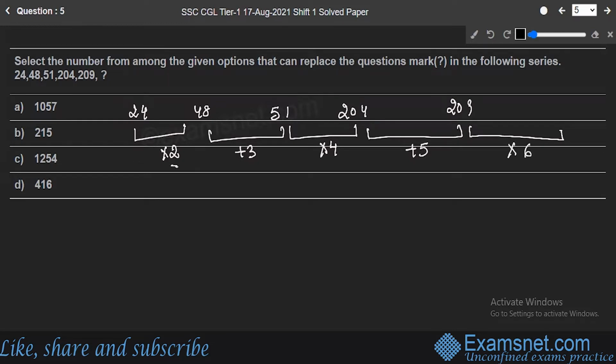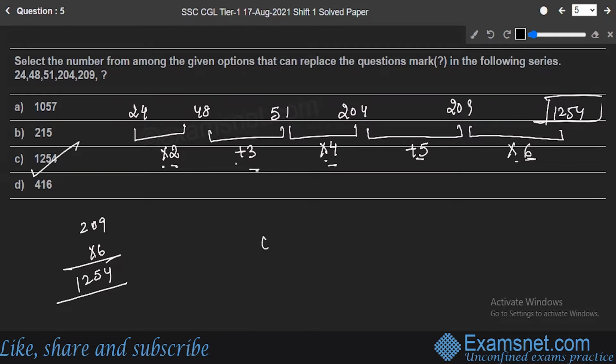See the pattern: 2, 3, 4, 5, 6. Multiply, plus, multiply, plus, multiply. So if I multiply 209 by 6, you get 1254. Here is your answer, 1254, option C. Hope you are clear. Then let's move with the next question, number 6.